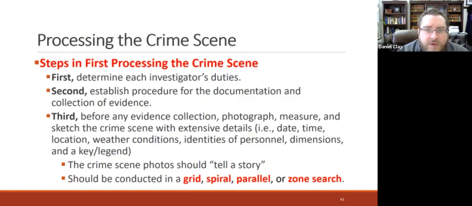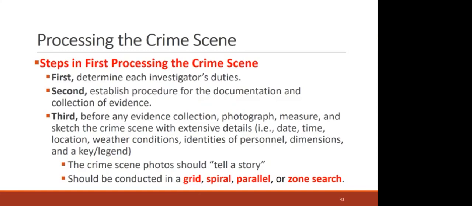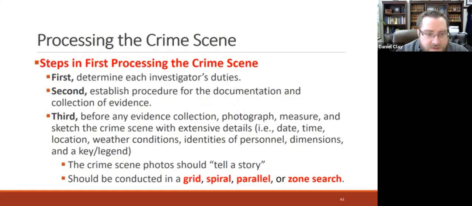Your photos should begin with, here's a photo of the outside of the house. Here's a photo of me looking down where first responders first stepped out. Here's a photo of the grass. Walking in, here's the door frame. Here's the door jamb. Walking into the living room, there's nothing in here. And then finally going into the den that connects to the living room, and that's where they found the body.